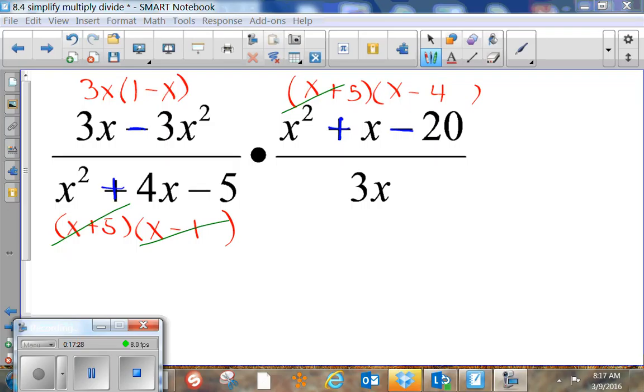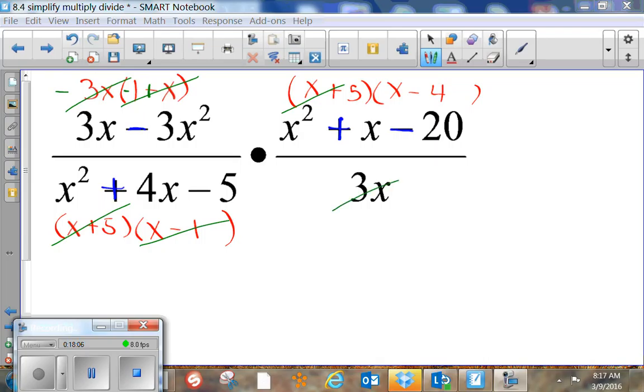So, can we make this an x minus 1? What if we were to pull a negative out of that? Then this would become a negative 1, and this would become a positive x. Now, is it an x minus 1? Yeah. It is. But I had to pull this negative out, and that negative now is going to make the whole problem negative. Wow. Okay? Anything else I can kill?